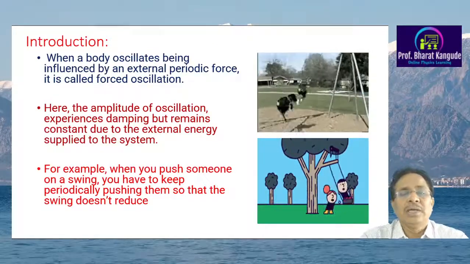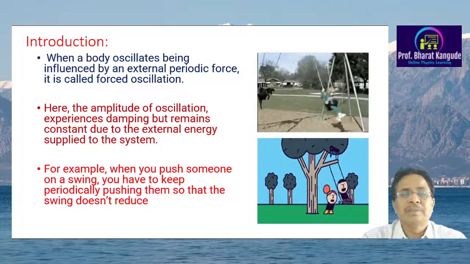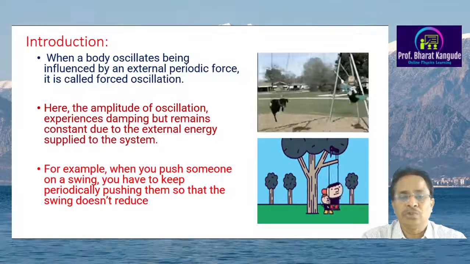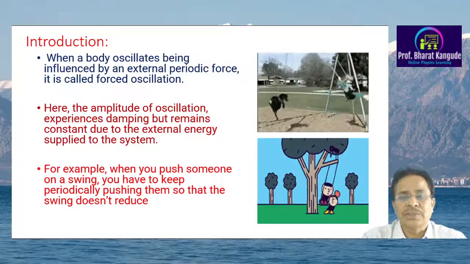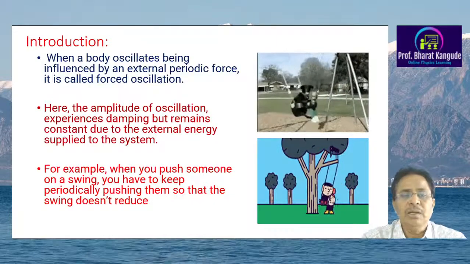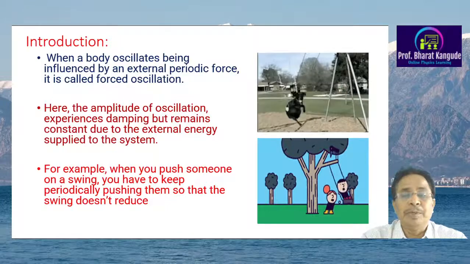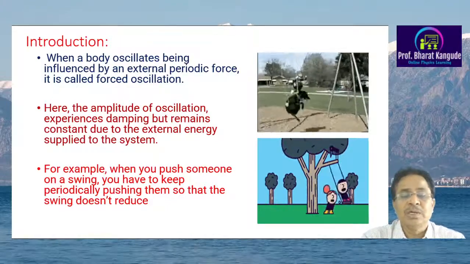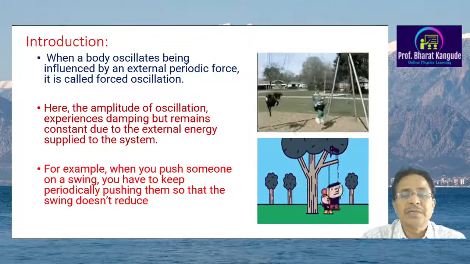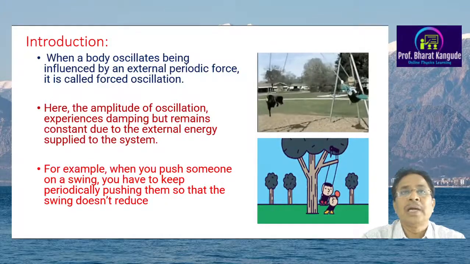When a body oscillates being influenced by an external periodic force, it is called a forced oscillation. This is the definition. Here the amplitude of oscillation experiences damping because of the resistive force, but it remains constant due to the external energy supplied to it.